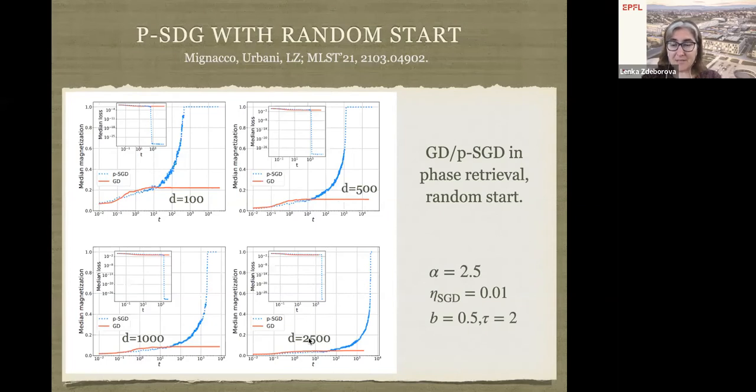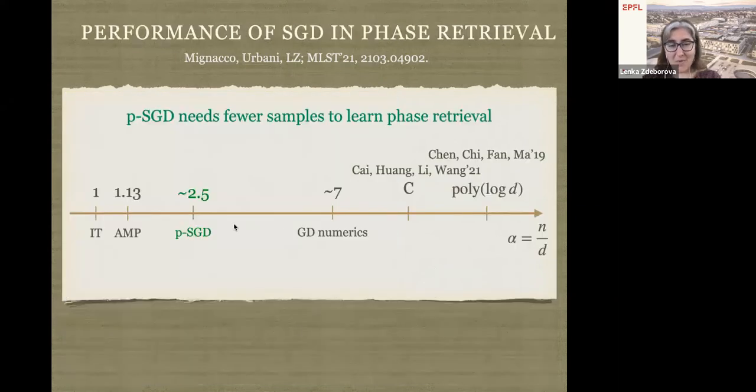So when we do that, we get something like, going back to my axis, 2.5. So again, the stochasticity in the persistent stochastic gradient descent makes it that we need fewer samples to learn the phase retrieval to close to zero test error.